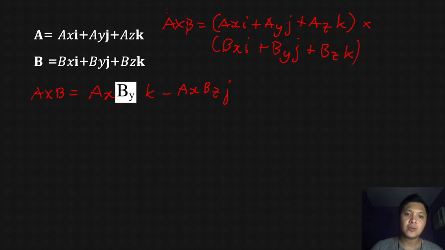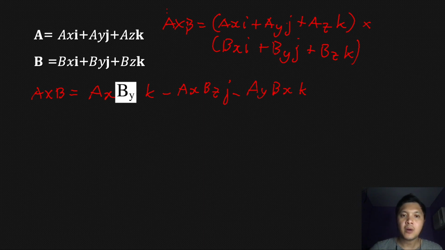So J cross I is negative K. So that's negative AyBx K.